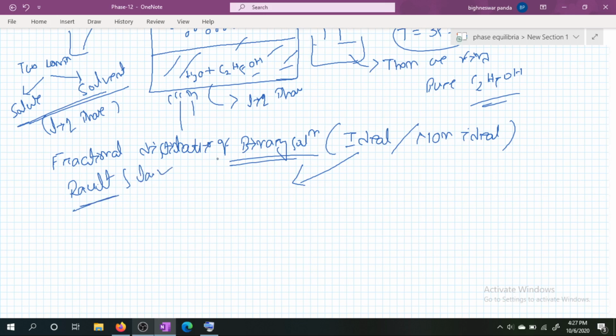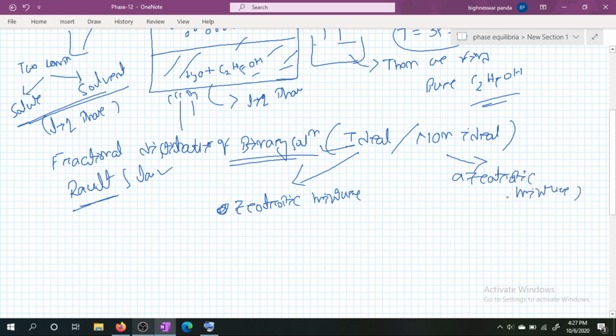So fractional distillation of a binary solution having an ideal solution is also called zeotropic mixture, and for non-ideal solution it is called azeotropic mixture. For ideal solution it is called zeotropic mixture, and for non-ideal solution it is called azeotropic mixture.